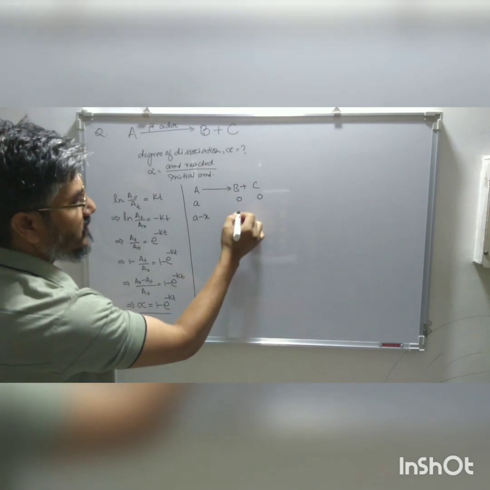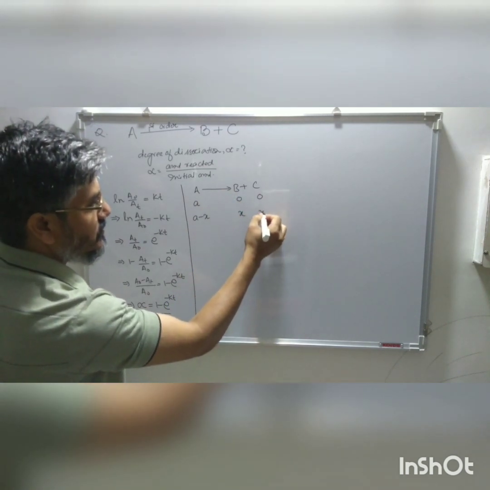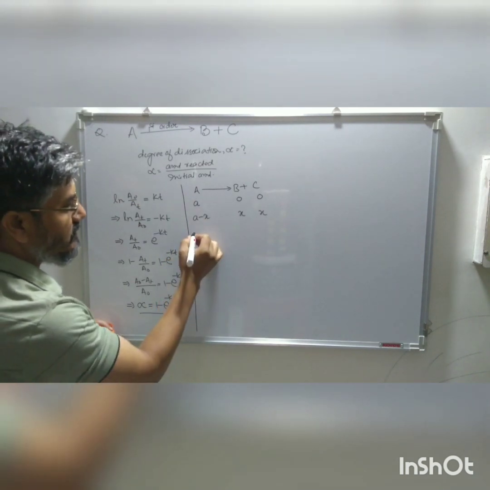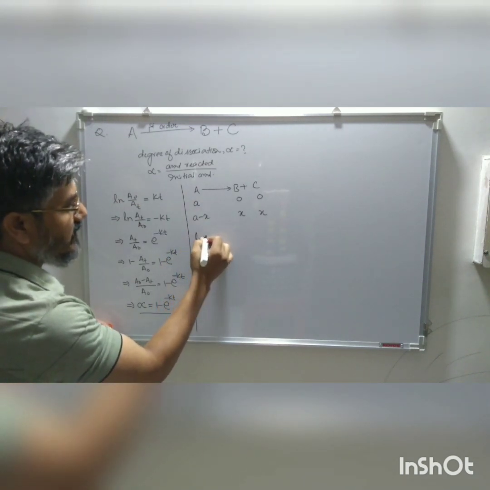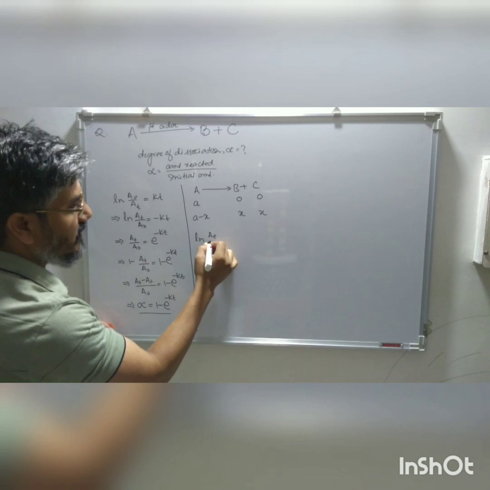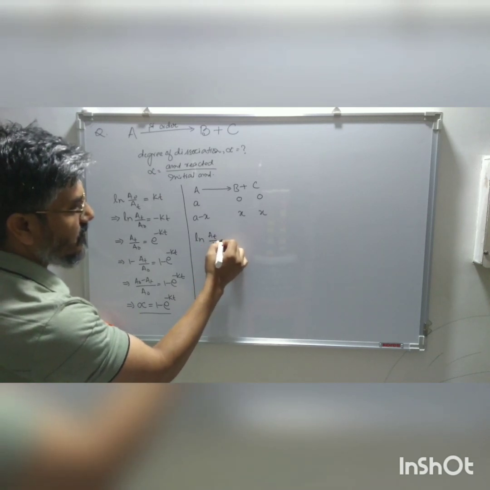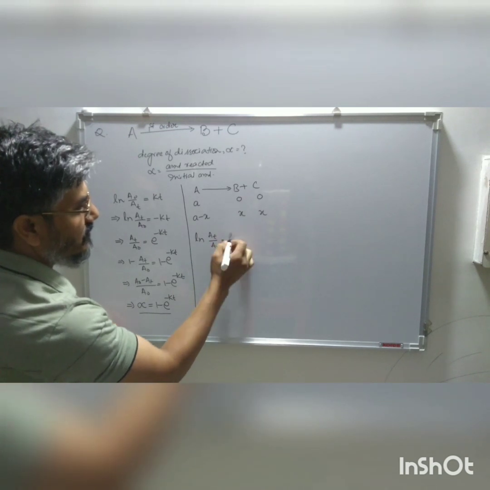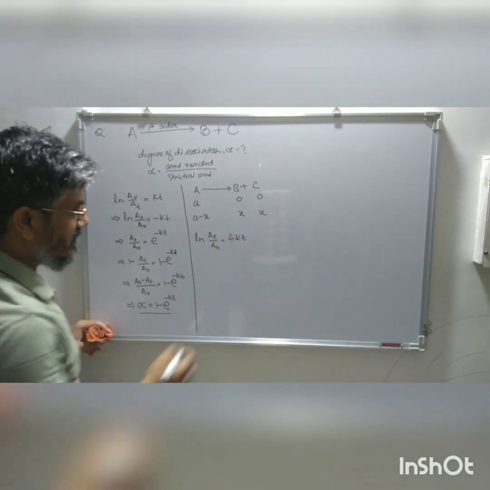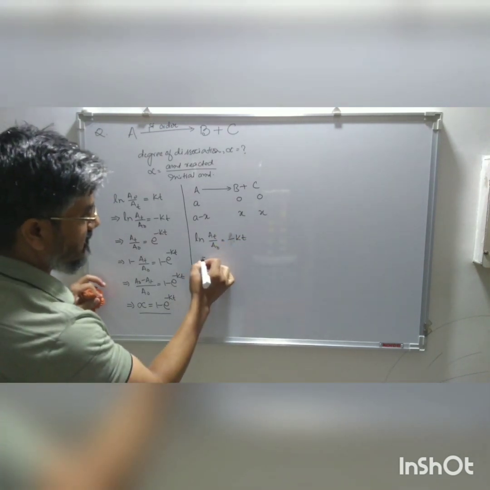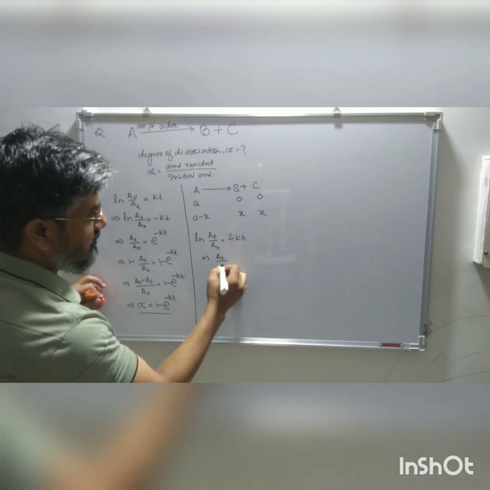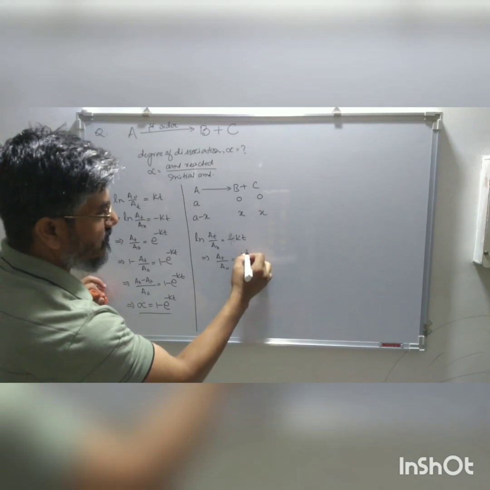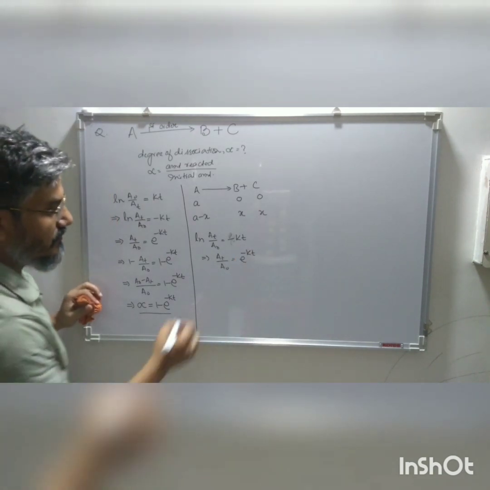The amount of B formed is X, and C formed is also X. So we have this integrated equation, A_t by A naught is equal to exponential minus Kt.